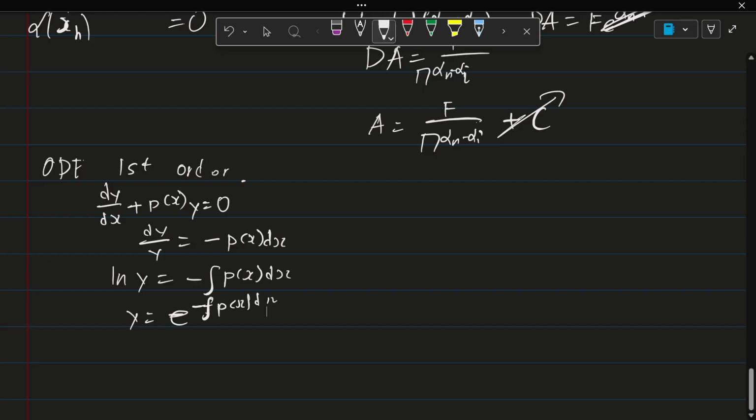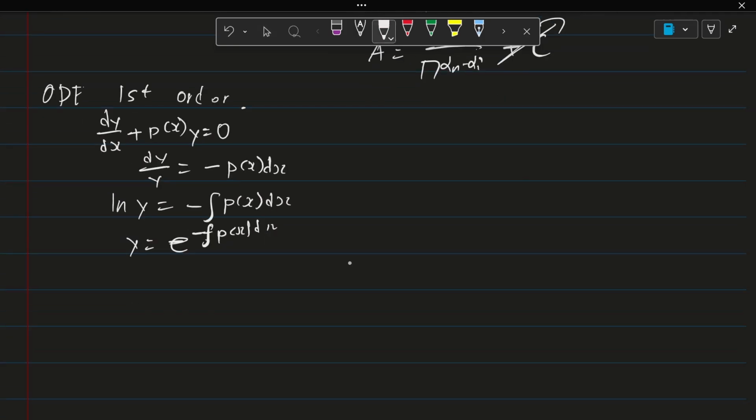But let's now start to consider dy over dx plus p(x) y equals q(x). Now this is a little bit more complicated. But let's try to remember the linearity of a differential equation.